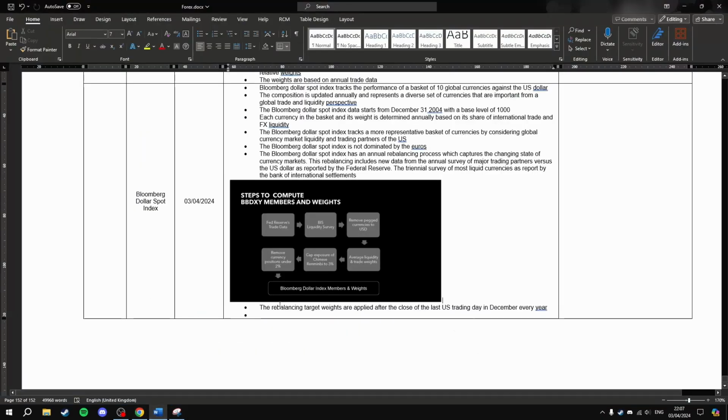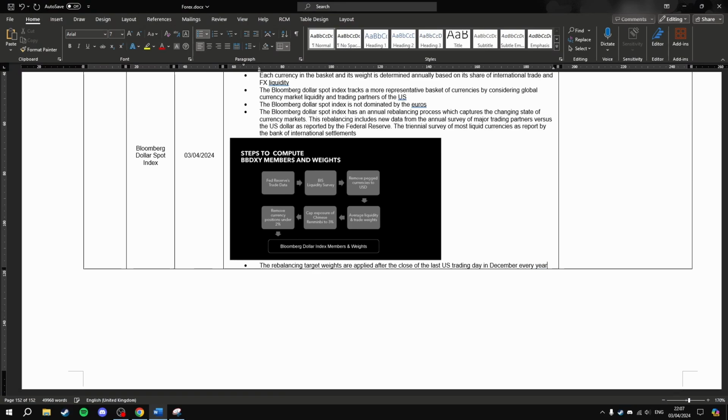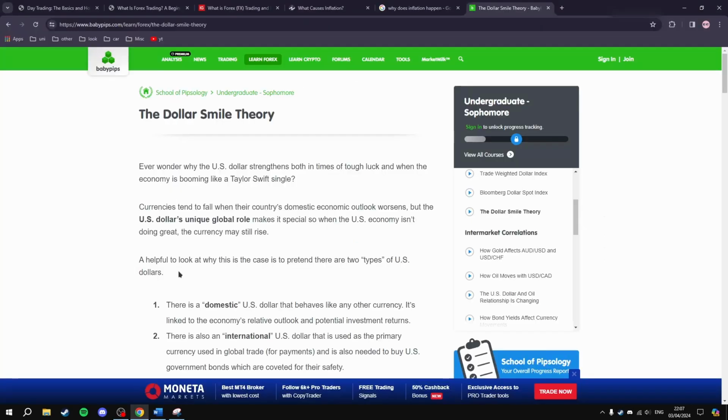The dollar smile theory. Ever wonder why the US dollar strengthens both in times of tough luck and when the economy is booming like the Taylor Swift single?